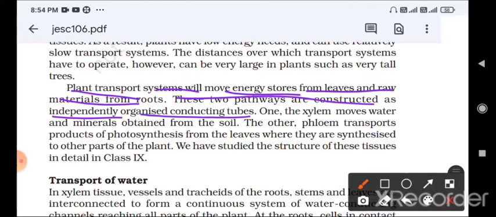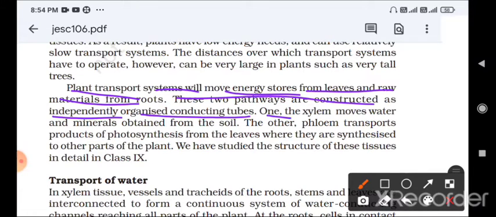The transportation of water, minerals and other raw materials, as well as the transportation of energy, is conducted by two different conducting tubes in the plant. The transportation of energy and the transportation of raw materials, water and minerals are carried out in two separate conducting tubes.